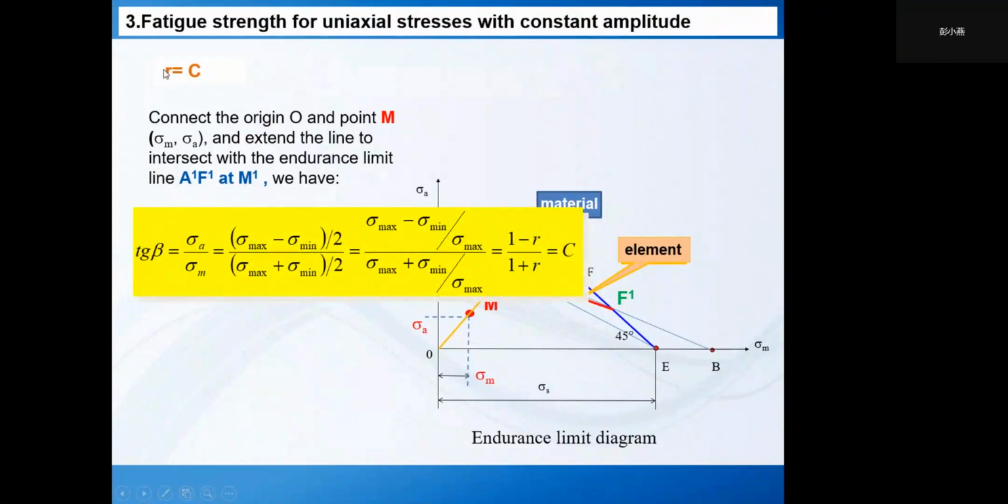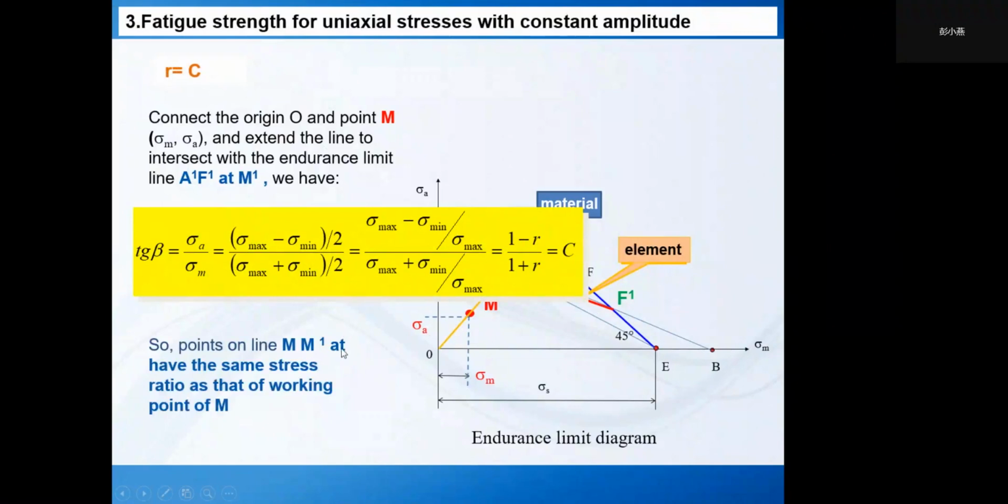The stress ratio R is constant, so this is constant. Okay. And then points on line MM1 have the same stress ratio as that of working point M.